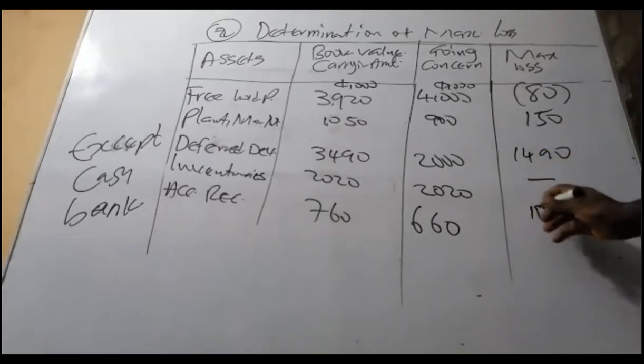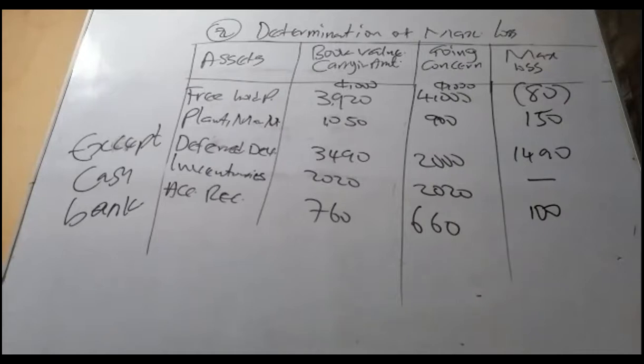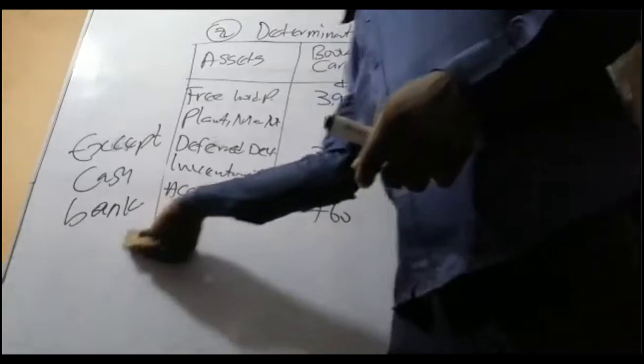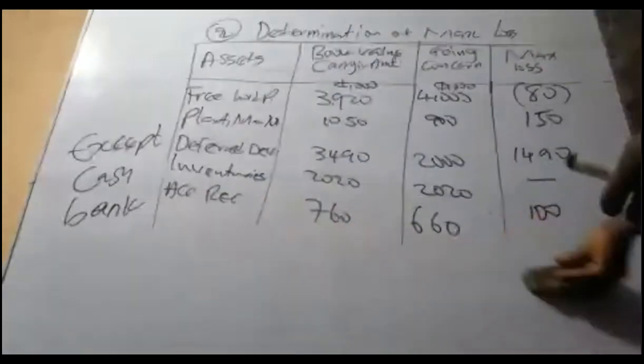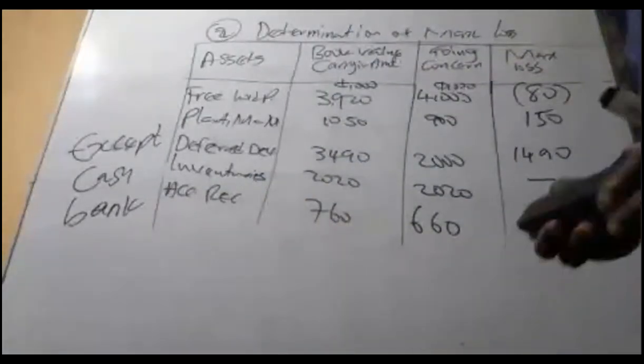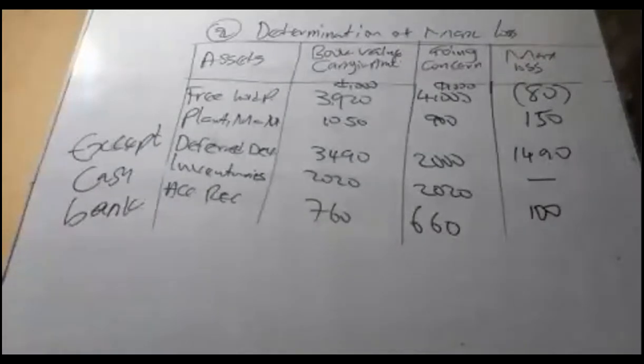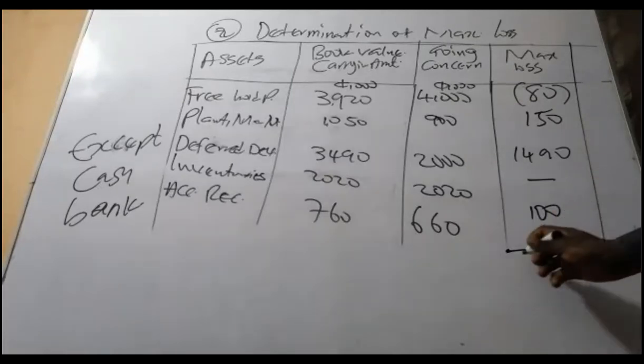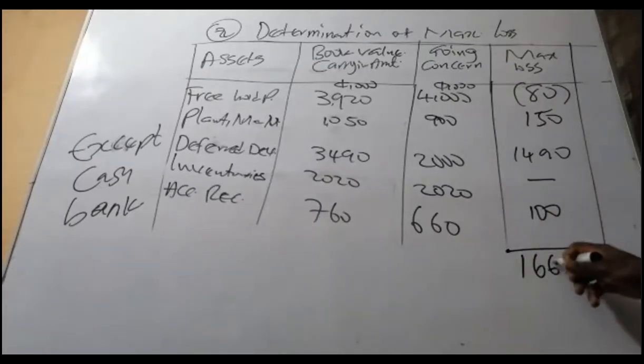Here's 100, right? Okay. So when they're done, these are the losses coming from where? Assets. All assets. And we said that the losses that they have to claim from their books or from the company is not only coming from assets. So let's add this. 1,660.